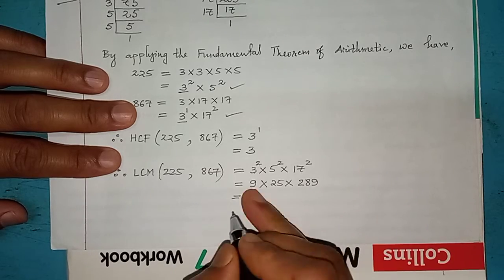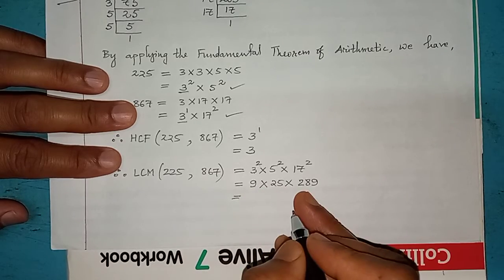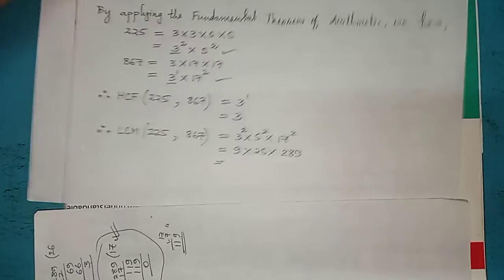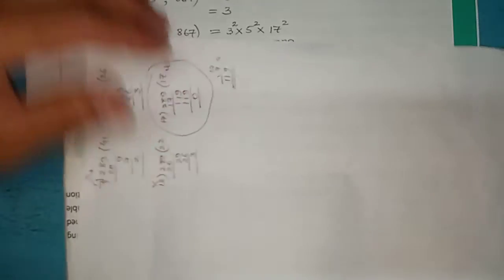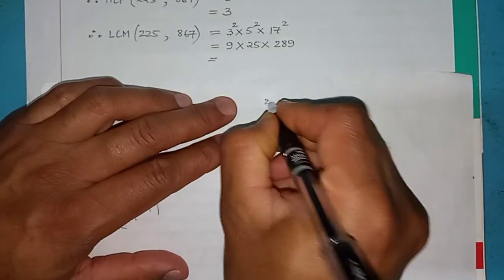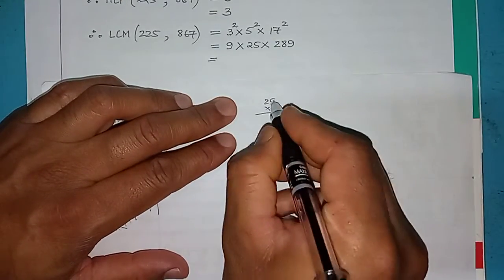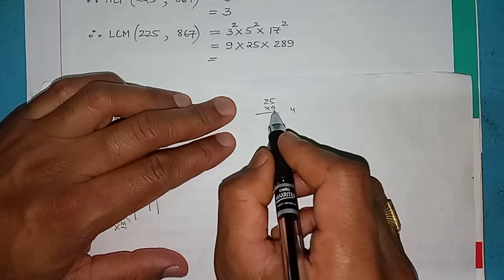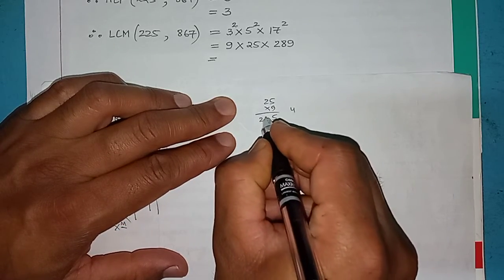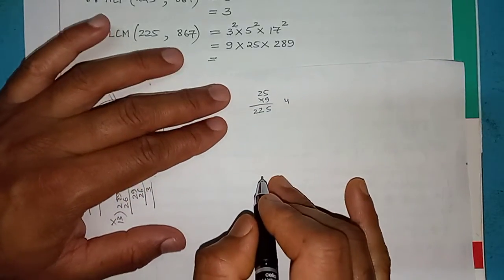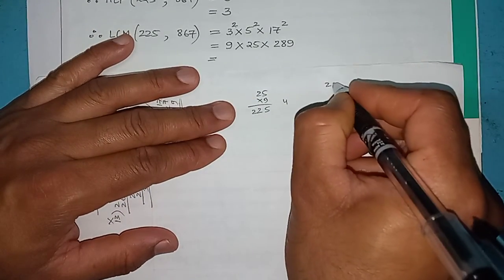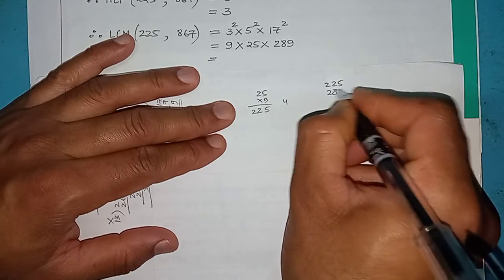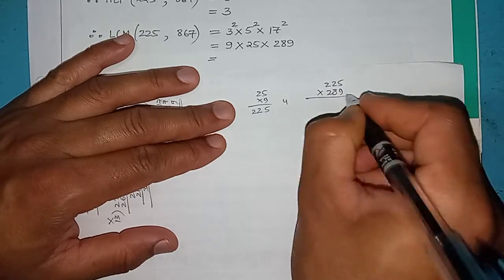And now multiply all this, 25 into 9 into 289, in the rough. So what you'll get? See, 25 into 9: 9 5 45, then 9 2 18, 18 plus carry 4, 22. Now in this 225 we multiply 289.